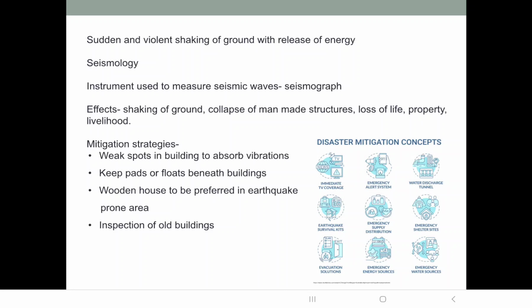Now this shaking of the ground depends on the duration of the earthquake. Also it is largely dependent upon the energy that is released in the ground. And it depends on the distance at which the focus or the hypocenter is located from the surface of the ground.